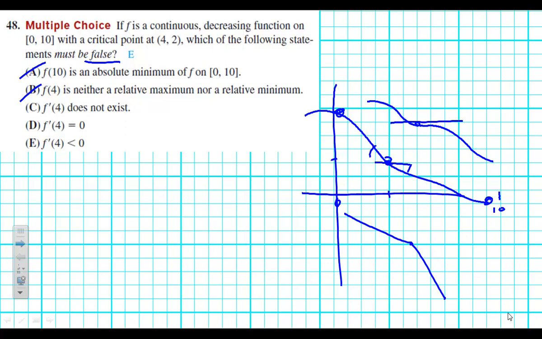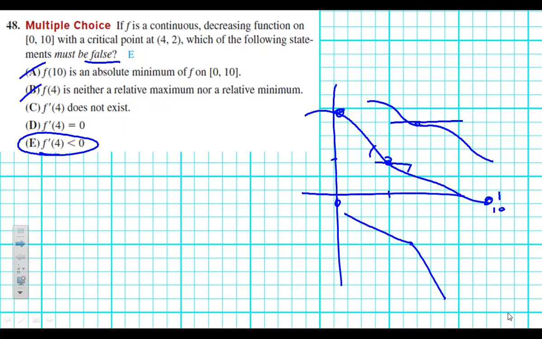The only one that you for sure know that it's not true is, like, all of them could be maybe, but E is definitely not true because then it wouldn't be a critical point. Let's see. So the argument, Marley, let me go through the argument. It's a critical point, so the derivative is either got to be undefined or 0. If it was defined and it was less than 0, it couldn't be 0. It can't be 0 and less than 0 at the same time.